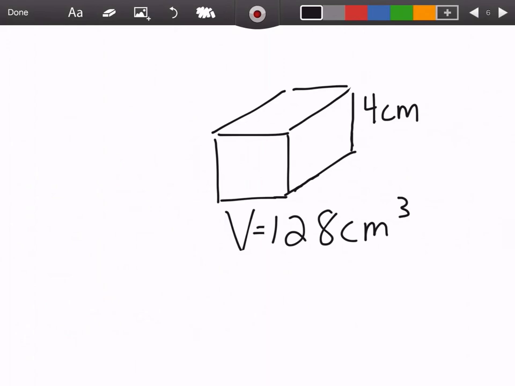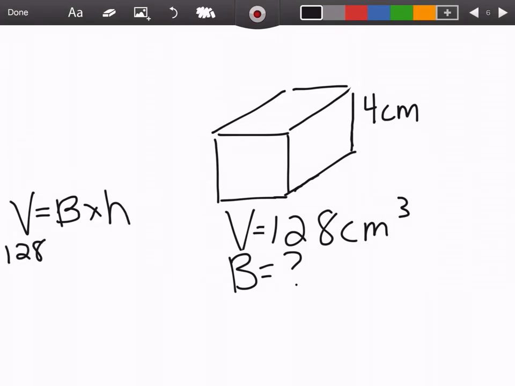So what this should also say here is that base equals question mark, because they want you to find the area of the base. So if I use that formula I just gave you, volume equals base times height, if I plug my numbers in, I get 128 centimeters cubed equals something, because we don't know the base, times 4 centimeters.